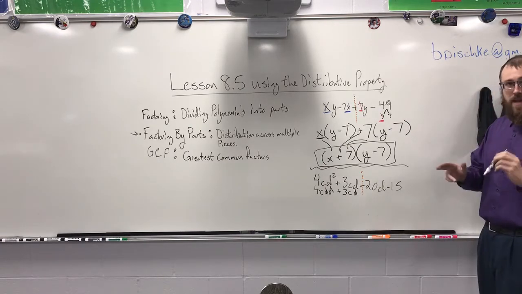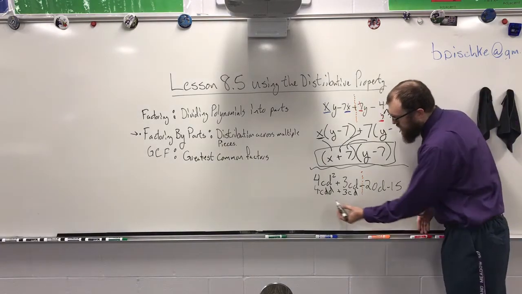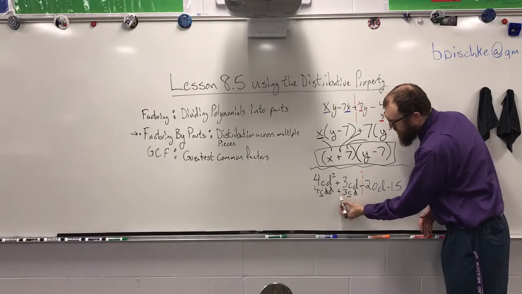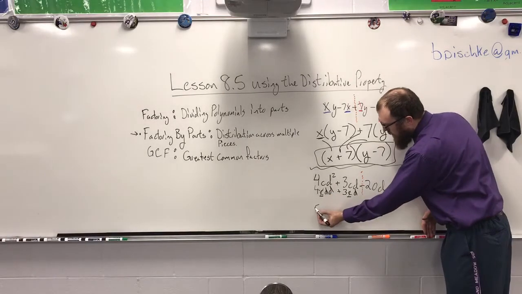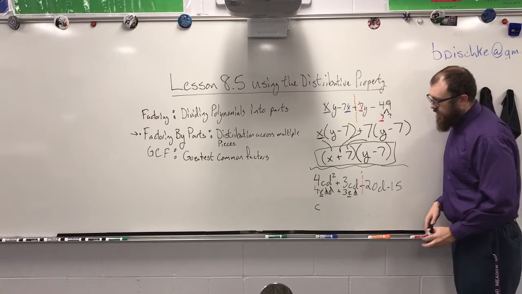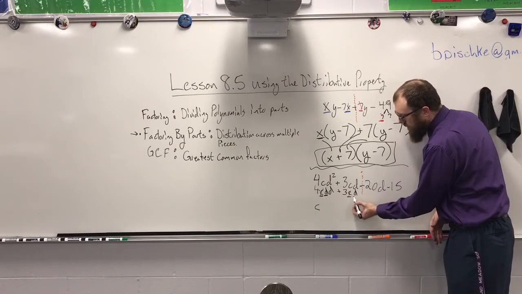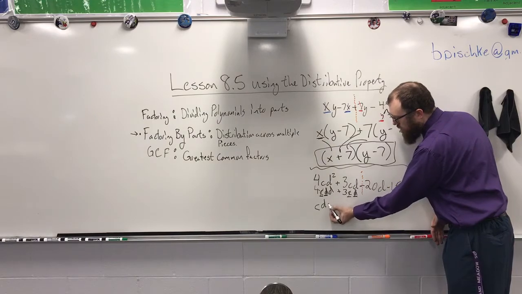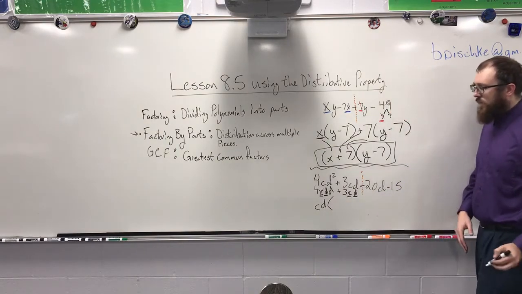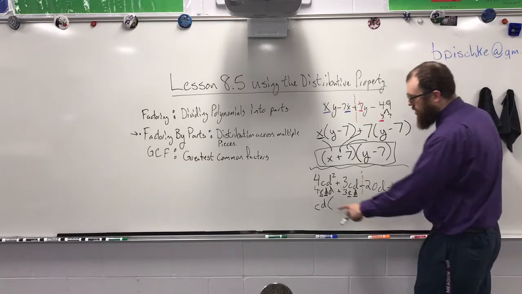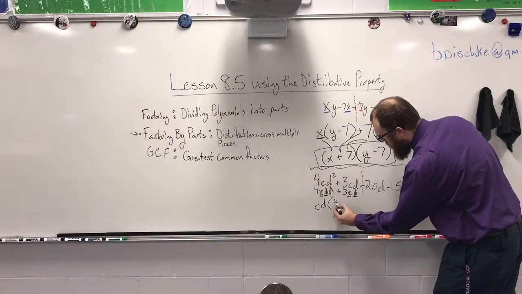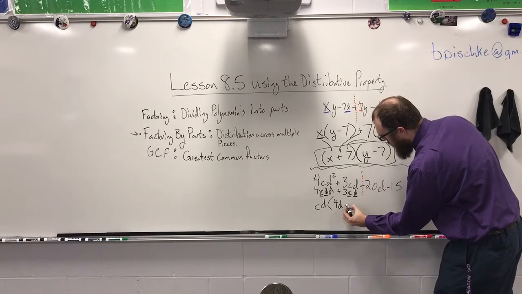I'm looking for commonality. There's a C in both pieces, so I can take that C out. There's a D in both pieces, so I can take that D out. And then I write what I have left. 4D plus 3.